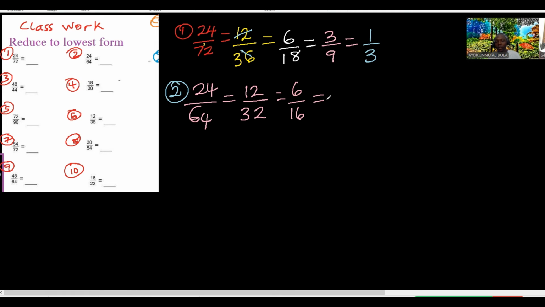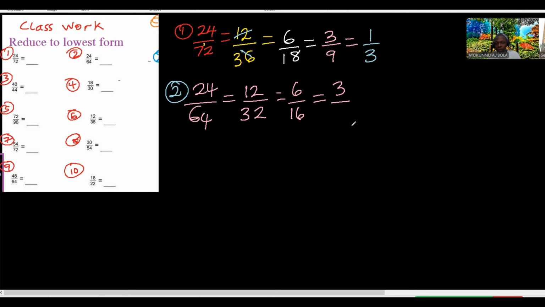That's 6. So is this the lowest form? No. So what can still divide them? 2 can still divide them. So how many 2s in 6? 3. Okay.